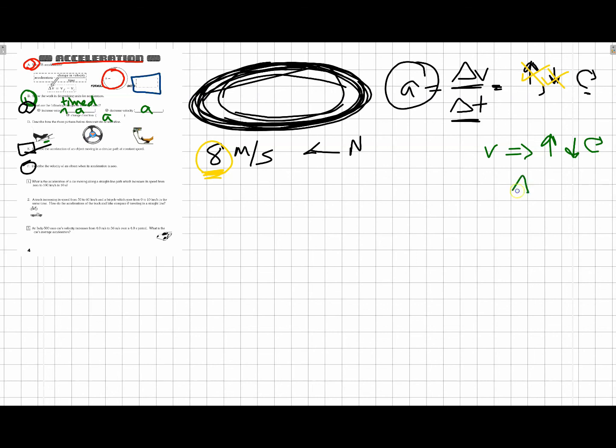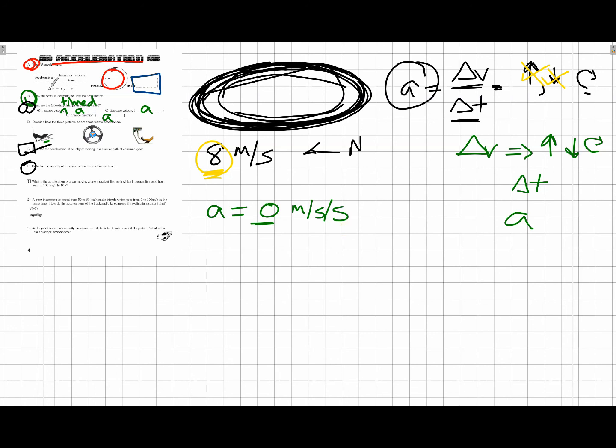If I time these changes, then I get acceleration.